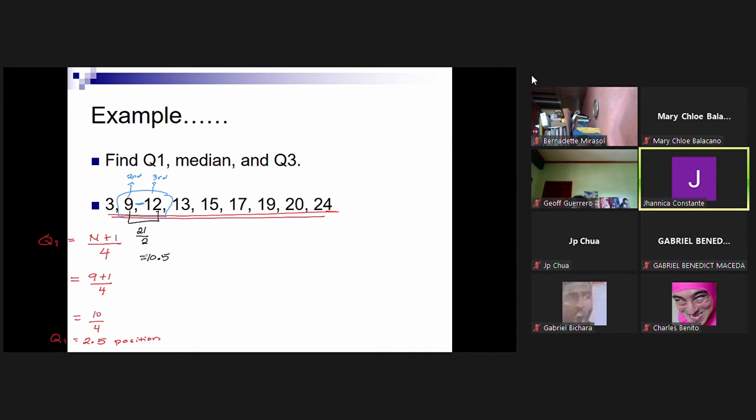So that means quartile 1 has a value of 10.5 in the set of data that we have.